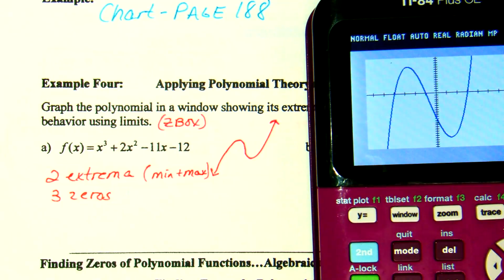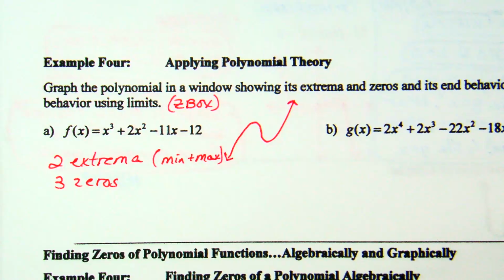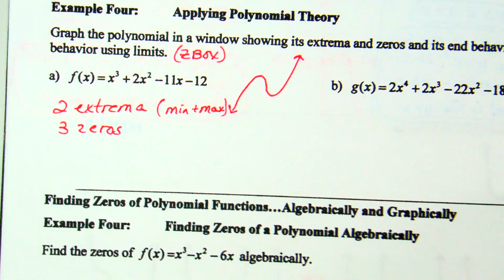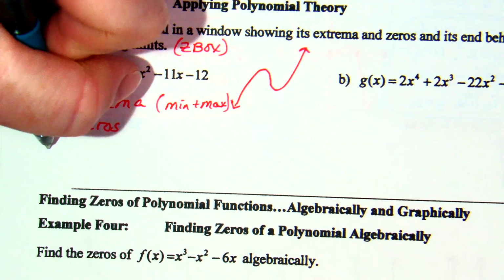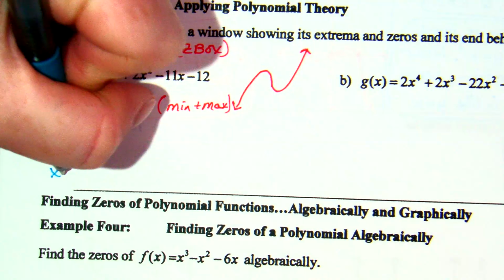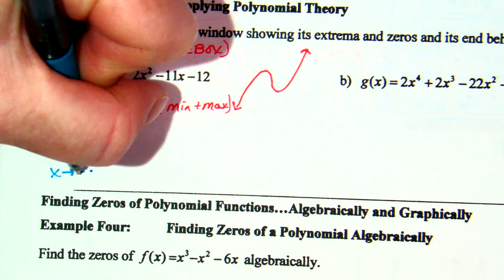Okay. Now, looking at end behavior using limits. Let me write out, because notation is important here. You have to be able to write proper limit notation. I don't know, have we really written limits before? I don't think we have. Again, I get my classes confused. So the two questions we're going to be asking ourselves for end behavior: the limit as x approaches positive infinity of f of x.